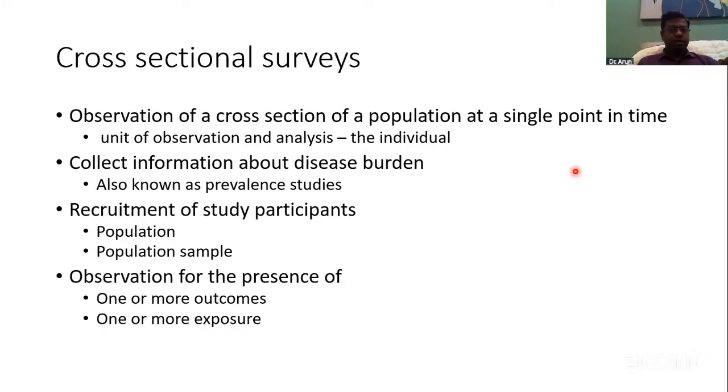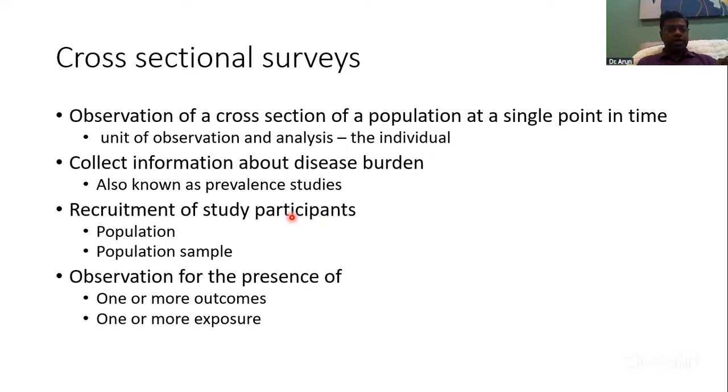Here again, same as case report and case series, the unit of study is the individual. You will collect information about disease burden. That's why it is also known as prevalence studies. Recruitment of study participants can be the population or a population sample. The best example for cross-sectional study surveys is your census, which in India we do once every 10 years.